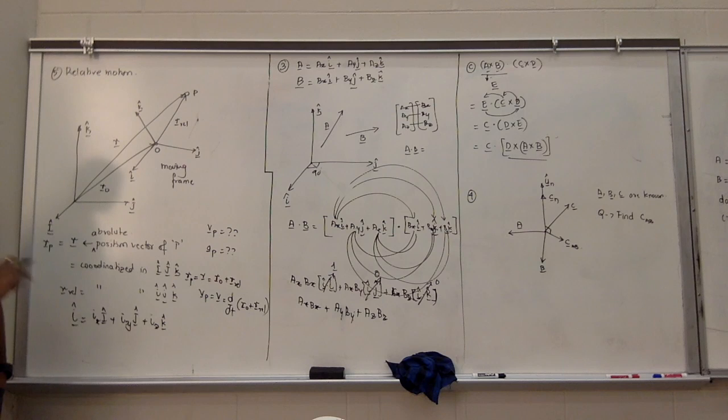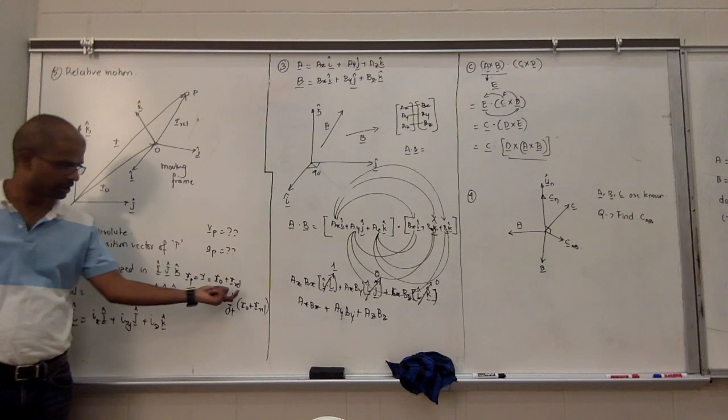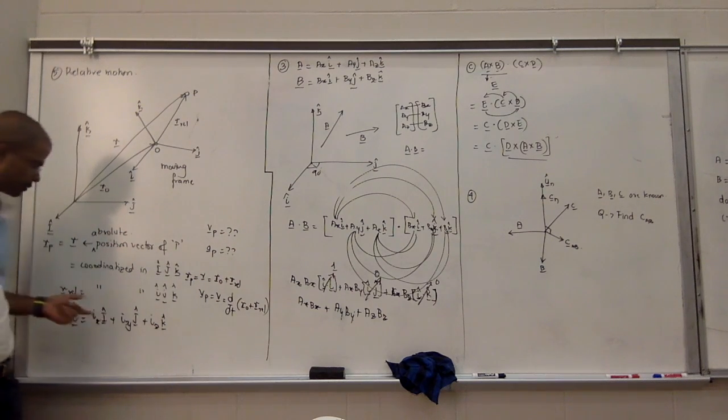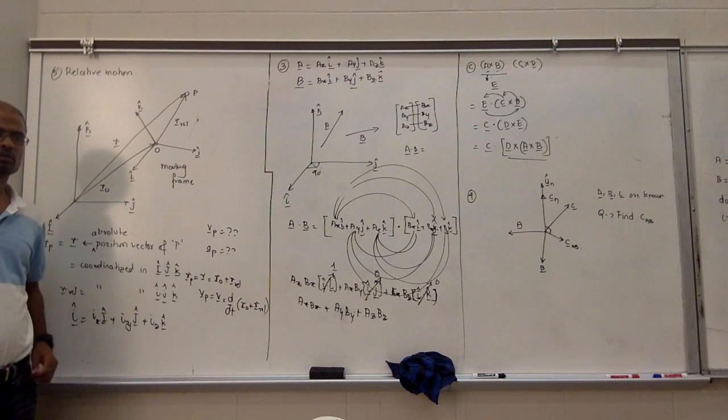What is tricky here is, one, this R relative is actually given in the ijk frame. So for every ijk, you have to substitute that cap ijk.